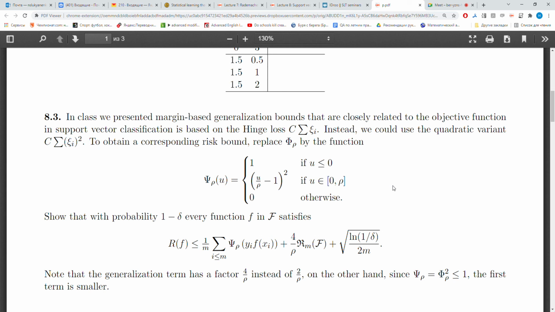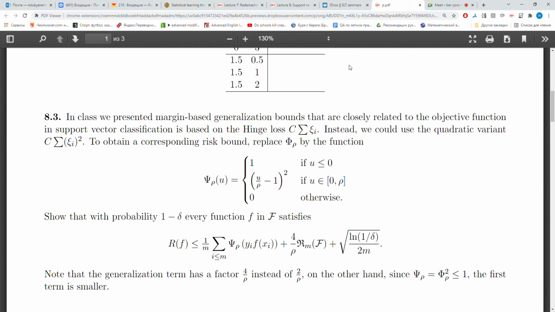In the lecture we had some margin-based generalization bounds. But now we are asked to compute not the hinge loss, but something close to the square of hinge loss, applying the loss function in some other way.